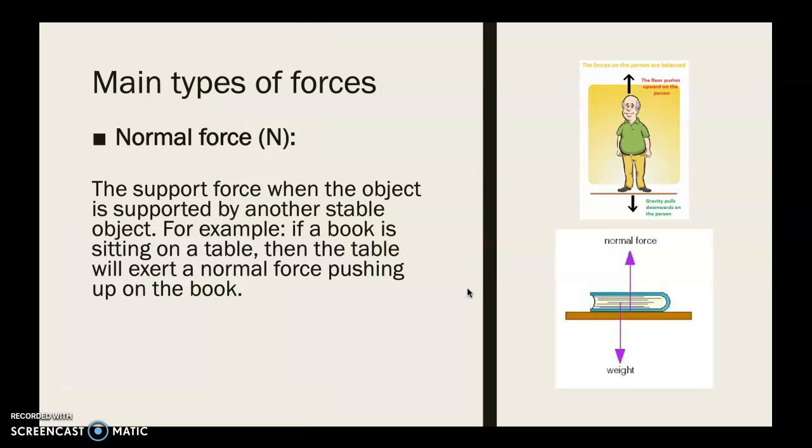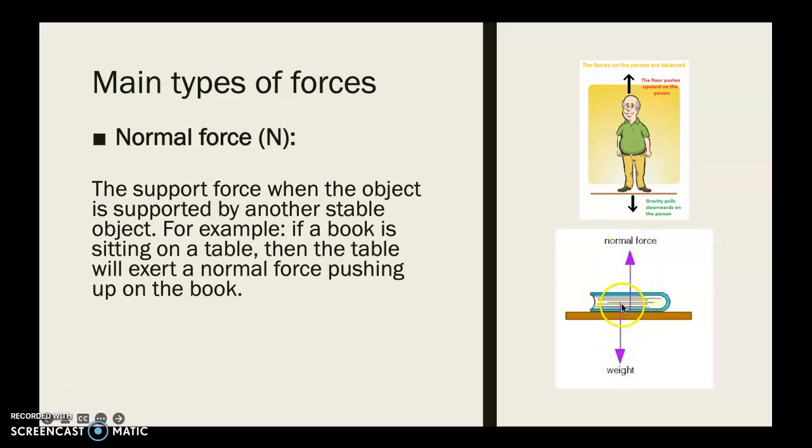The next force is one that we probably have not heard of. It's what's called the normal force. It is the support force. It is what prevents objects from falling through solid surfaces. So what prevents you from falling through your chair? What prevents a person from falling through the floor? Normal force always counteracts weight.